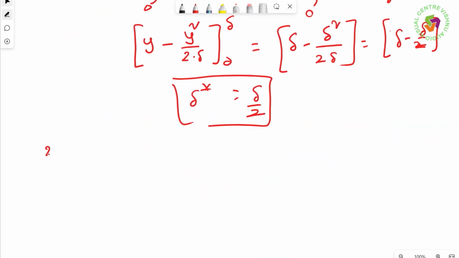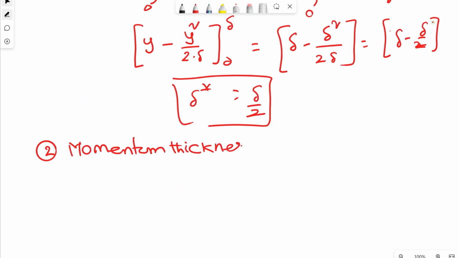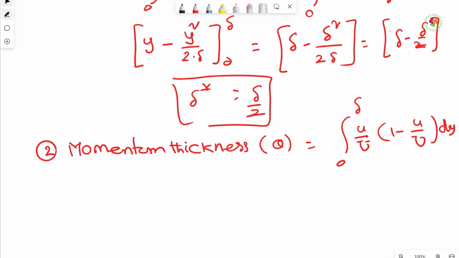Second thing we will take is momentum thickness. This theta is equal to the integral from 0 to delta of (u by capital U) into (1 minus small u by capital U) dy.